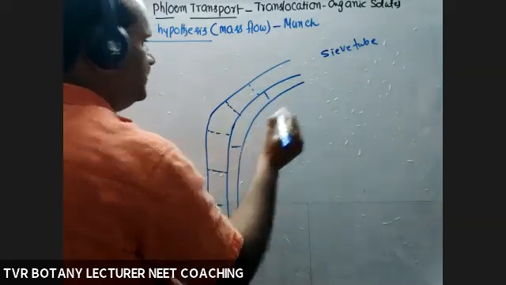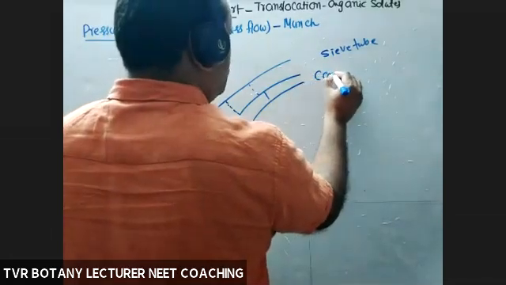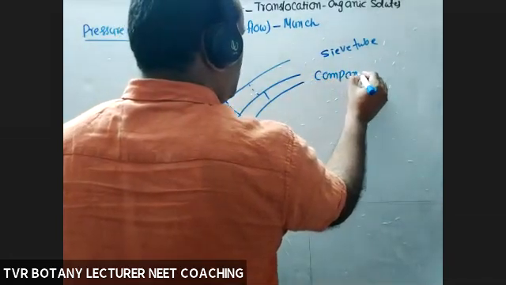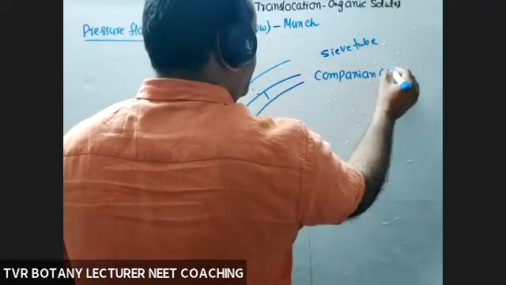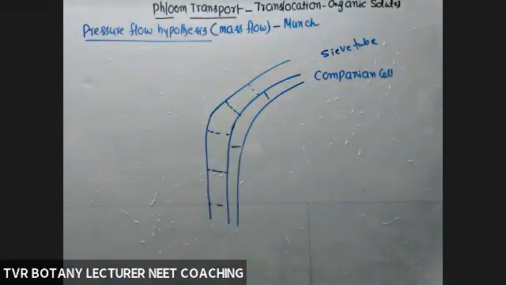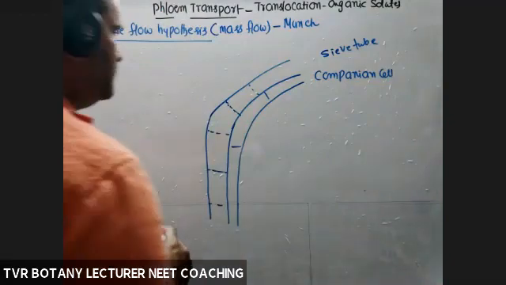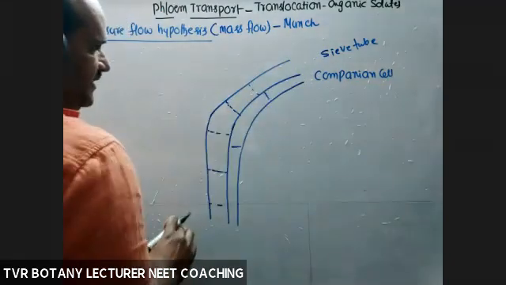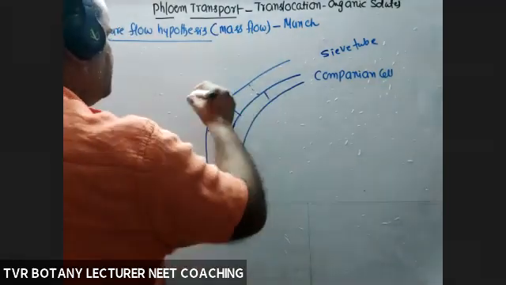Go back to anatomy. Companion cell. Sieve tube and companion cells are twins. They are developed from the same mother cell. Okay, so this is a phloem part. Take these two, enough. Next, the xylem part.